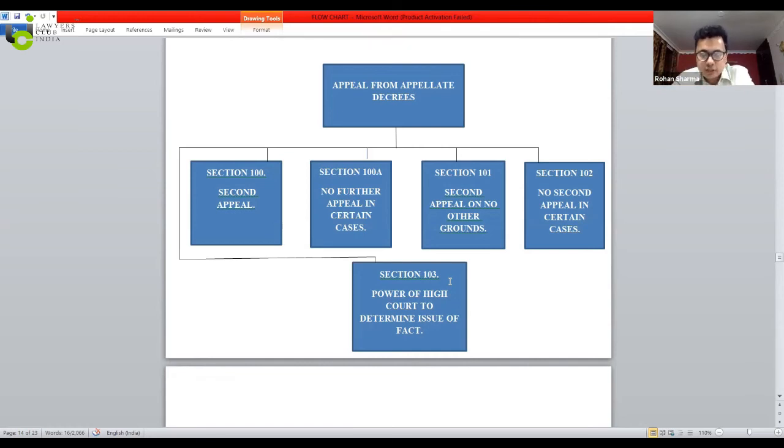There's a specific procedure which you as a lawyer have to follow when you're drafting a second appeal, which has been outlined in this specific section. For example, when you're filing a second appeal, you need to clearly state in your pleadings that there is a substantial question of law involved in these proceedings, and this is the specific substantial question of law. Then the court will take up your second appeal.